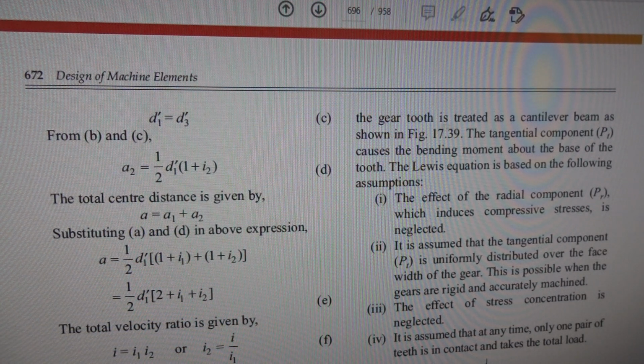It looks like a cantilever beam. H is the height of the gear. The effect of the radial component PR, which induces compressive stress, is neglected here. They assume that the tangential force PT is uniformly distributed over the face width of the gear. This is possible when the gear is rigid and accurately machined. The effect of stress concentration is also neglected. It is assumed that at any time only one pair of teeth is in contact and takes the total load.